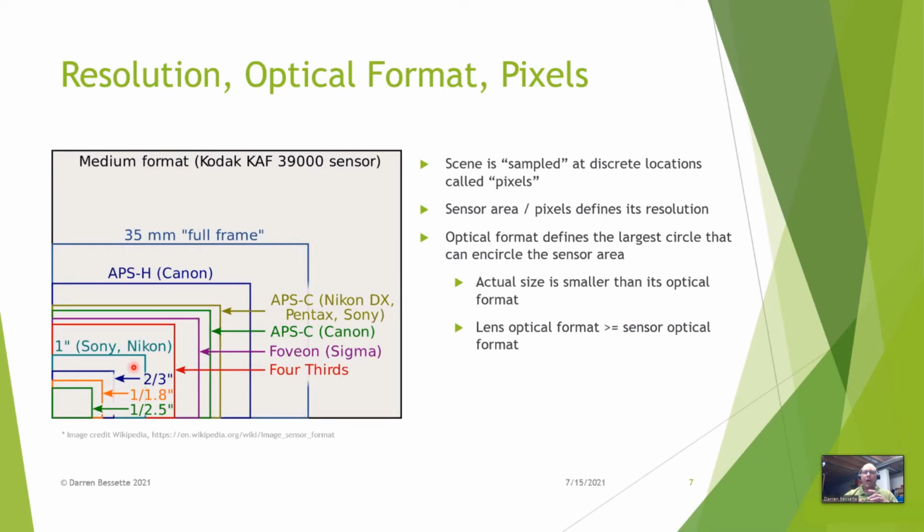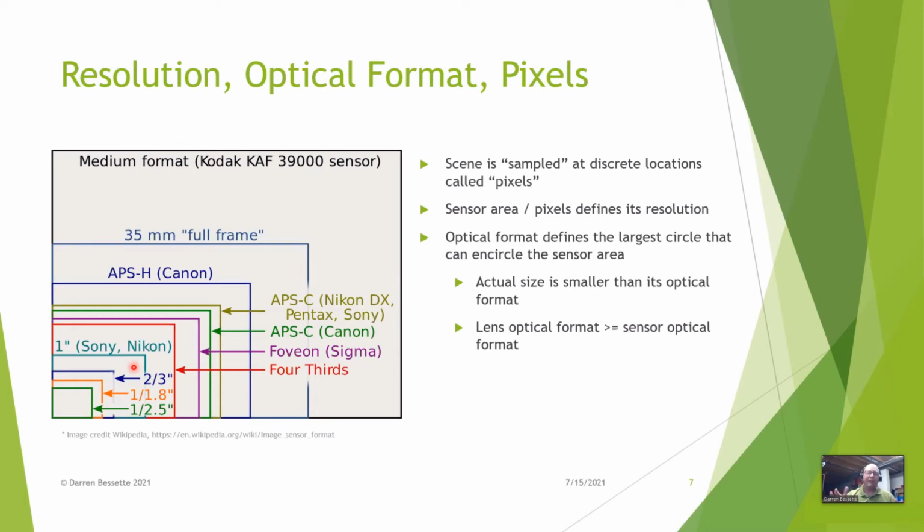A 1-inch tube corresponded to a particular size of image. When sensors became digitized, the equivalent size of sensor for that 1-inch tube happened to be much smaller. So when you measure the corner to corner diagonal of a sensor, it's not actually 1 inch.